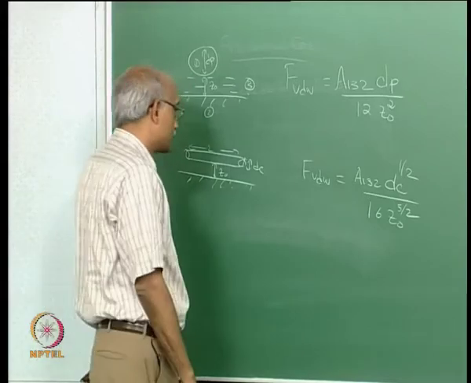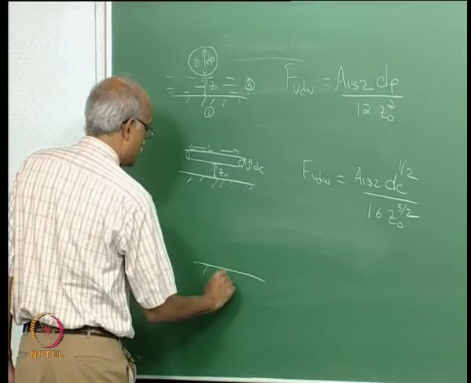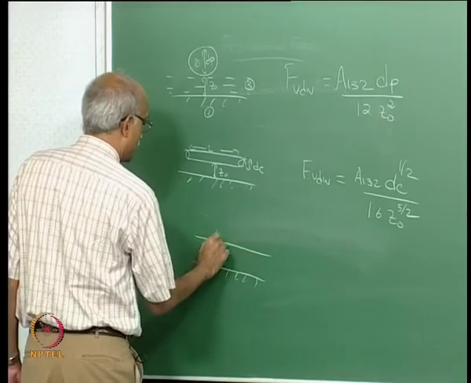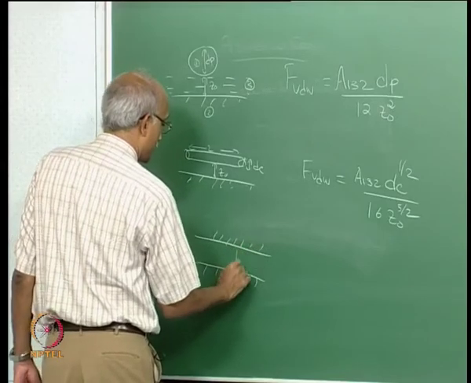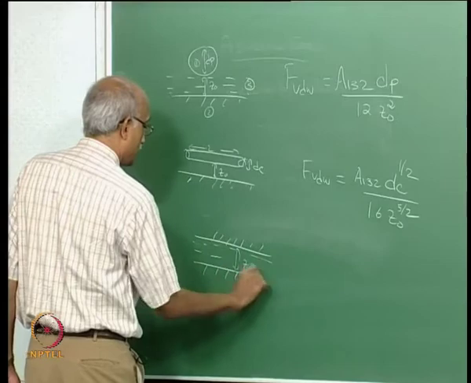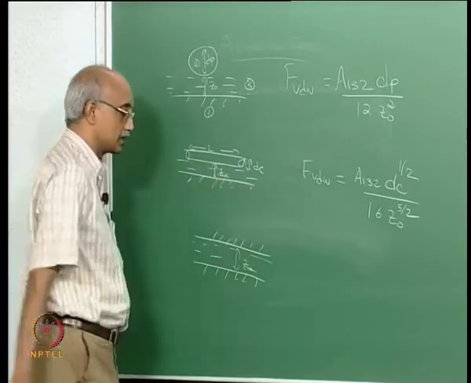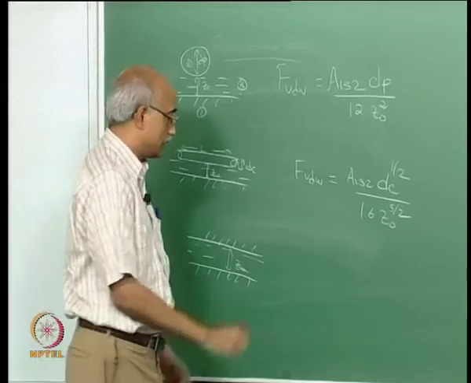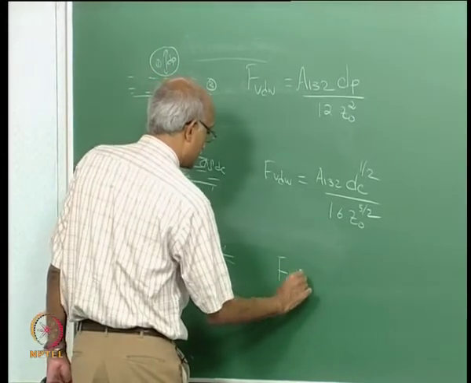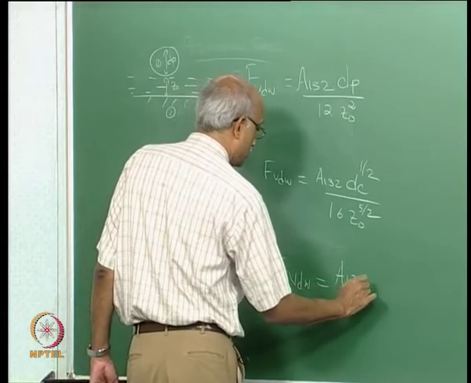The third case we will look at is two surfaces that are in contact. Here again the distance of separation is some z0, and there is an intervening fluid just like in the other two cases. So, what is the van der Waals force here? It is again A132.